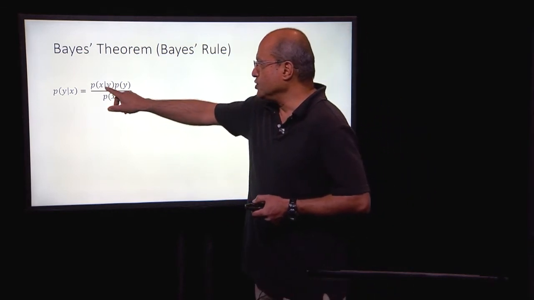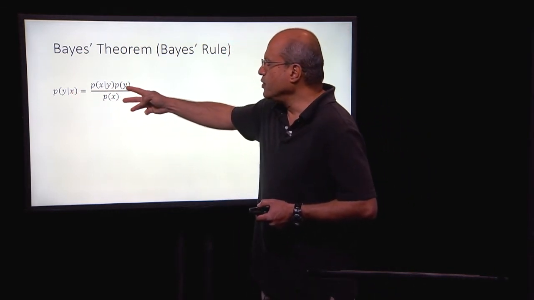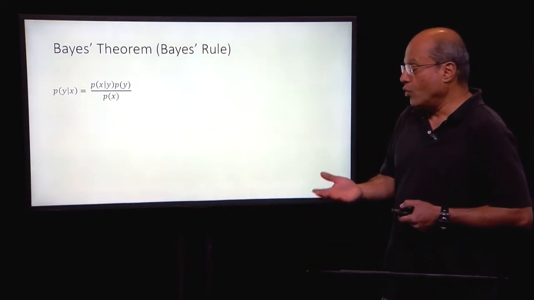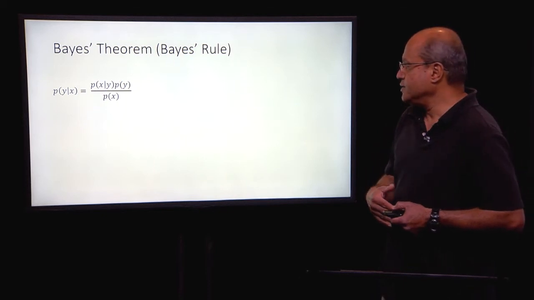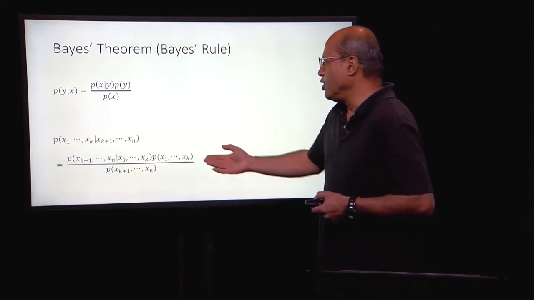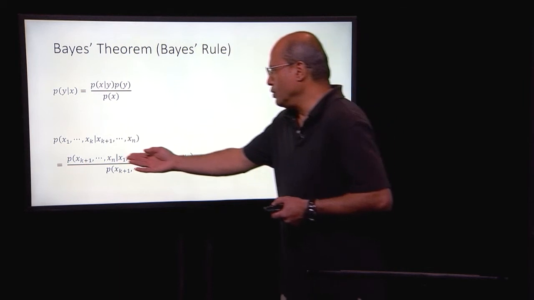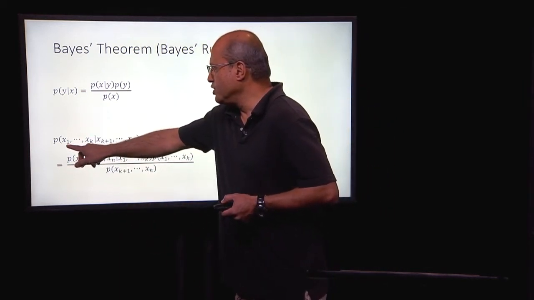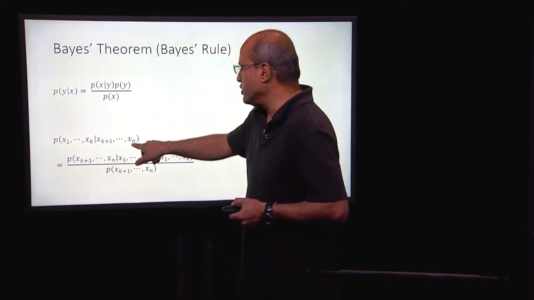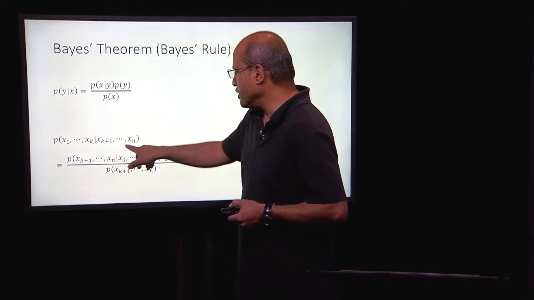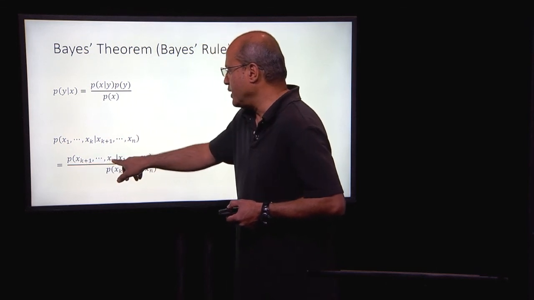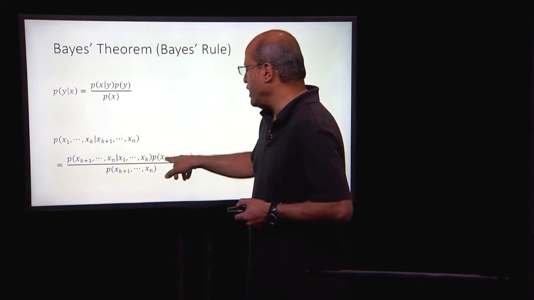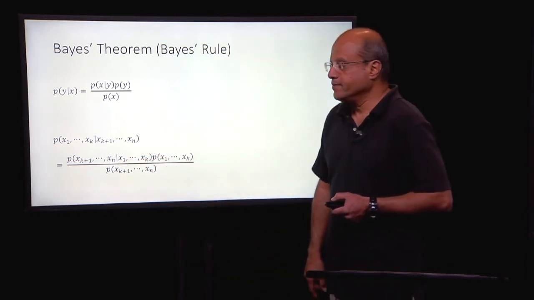And Bayes' rule says to go from here to here, you simply multiply by the ratio of the marginal distribution of y divided by the marginal distribution of x. And a similar formula holds for joint random variables where you have more than two. So the conditional distribution of x1 through xk given xk plus 1 to xn is the reverse conditional distribution, the probability of xk plus 1 to xn conditioned on x1 to xk, divided by the appropriate marginals.